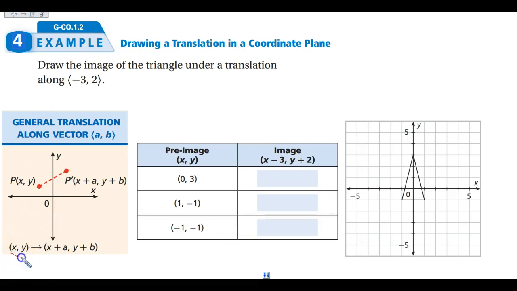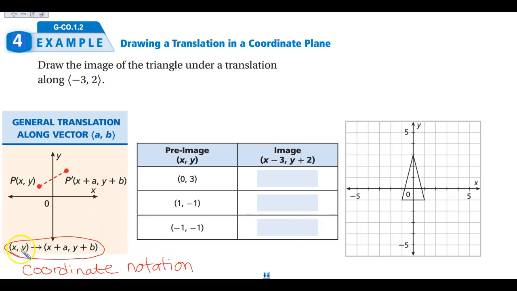So right here, this is one way to write a vector or to write a translation in coordinate notation. Sorry, I can't spell coordinate. Okay, so this is our coordinate notation of what a vector looks like.